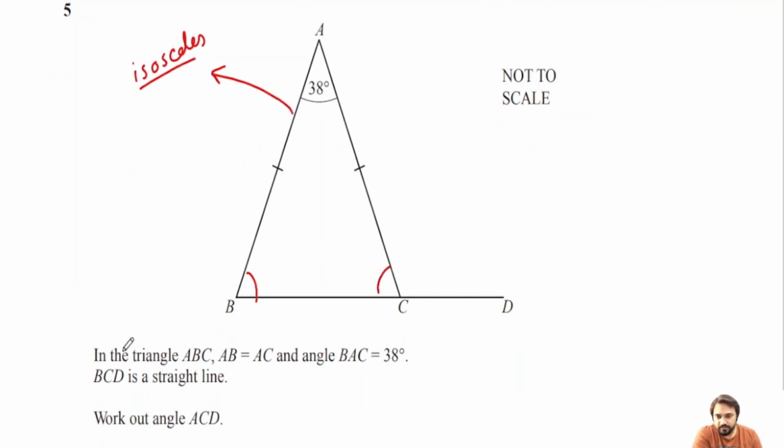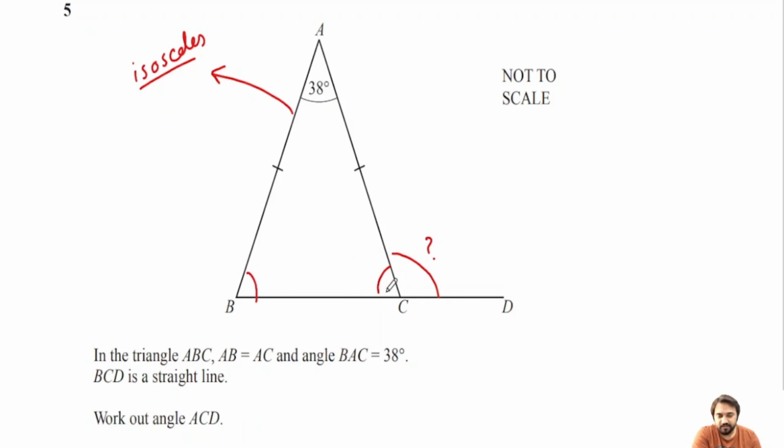So let's again read this statement. In the triangle ABC, AB is equal to AC and angle BAC is equal to 38 degrees. BCD is a straight line. Work out angle ACD. We need to calculate this external angle. First we need to calculate the internal angles.